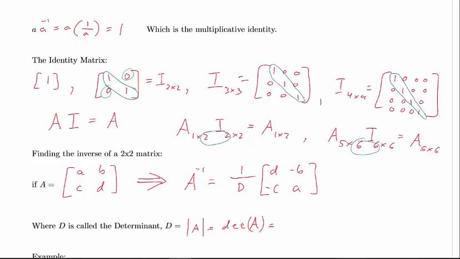It equals AD minus BC. So note the AD, the numbers along the diagonal, and then BC, the numbers on the anti-diagonal, or reverse diagonal. AD minus BC. That's it. That's the determinant of a 2 by 2 matrix.